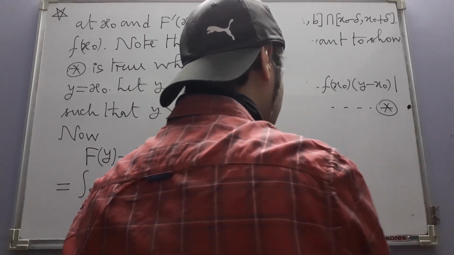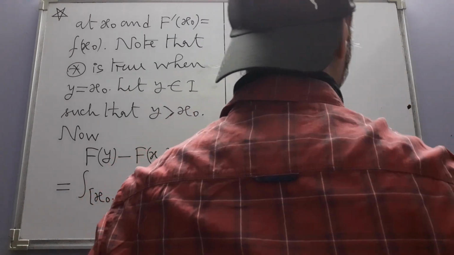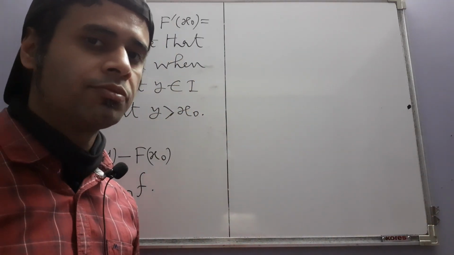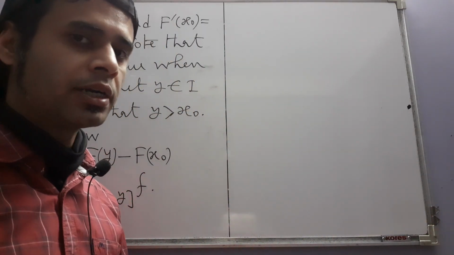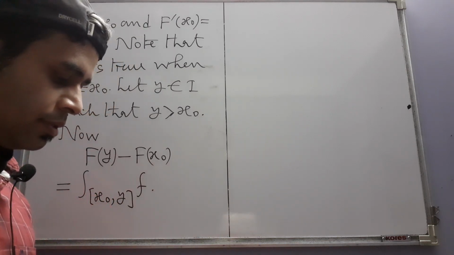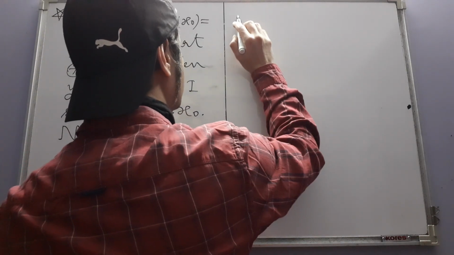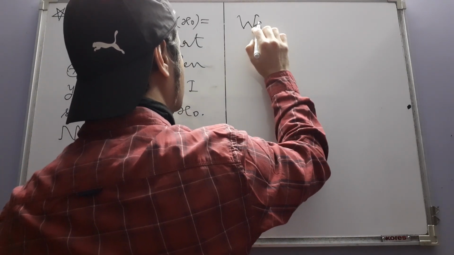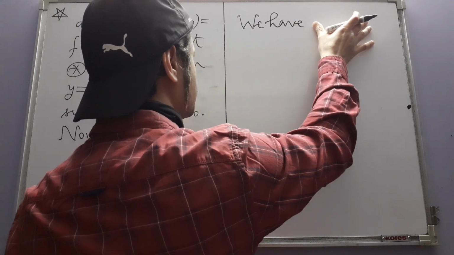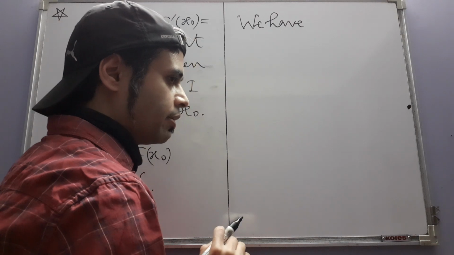Now let us go back to the beginning of this second part, where we had those inequalities involving the small f values and small f value at x naught, where you have epsilon, delta, that thing. We have the distance between f of x and f of x naught is less than or equal to epsilon.